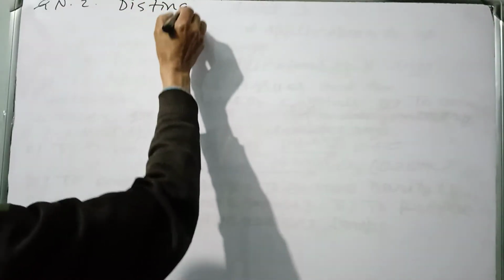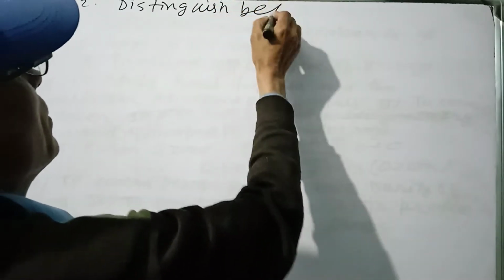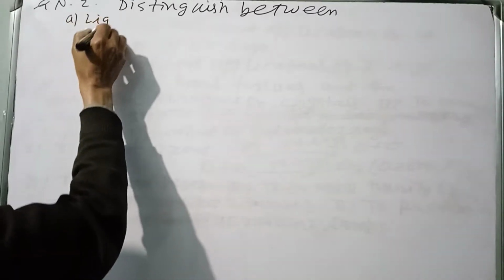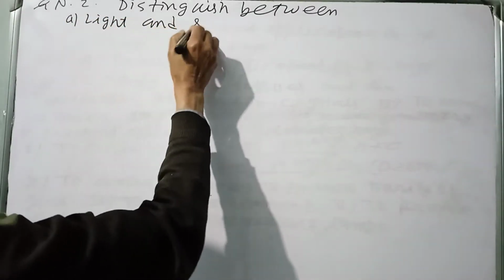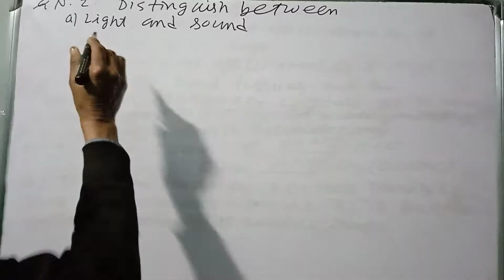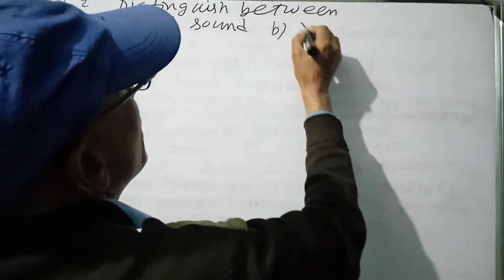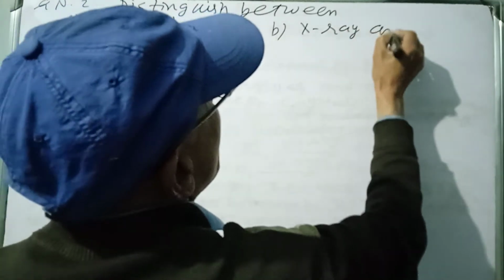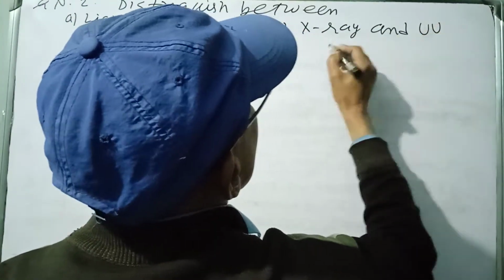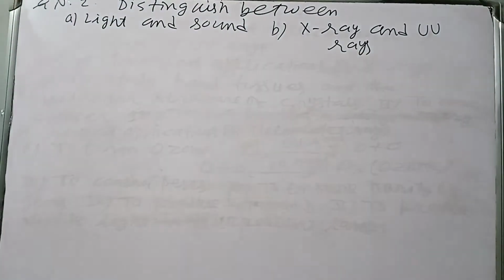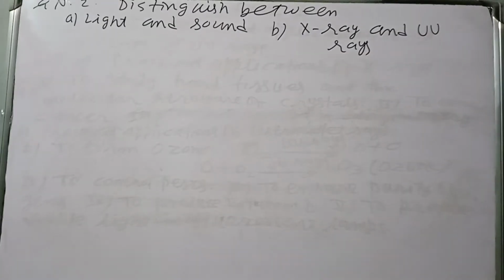Question number 2, and we are going to solve some questions. Distinguish between A, light wave and sound wave, and B, X-ray and ultraviolet rays.